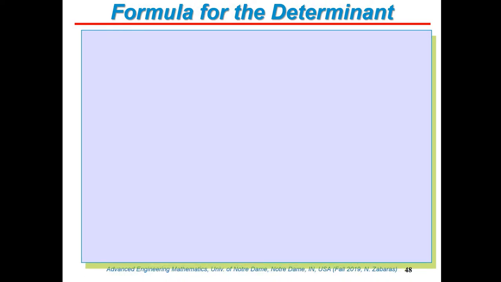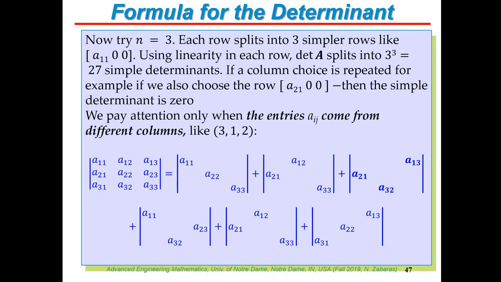So what is important, let me just go back again. Let's concentrate on the third determinant. You notice on row 1, I use column 3. On row 2, I use column 1. And on row 3, I use column 2.